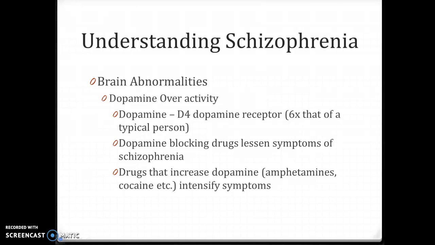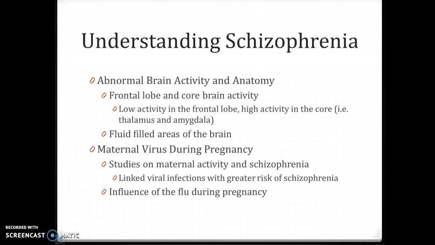So we can see dopamine overactivity in individuals with schizophrenia, specifically the D4 dopamine receptor. It is 6 times that of a typical person. So that is a big difference. It is known that dopamine blocking drugs can lessen the symptoms of schizophrenia, and also that drugs that increase dopamine, like amphetamines and cocaine, can intensify symptoms of schizophrenia.